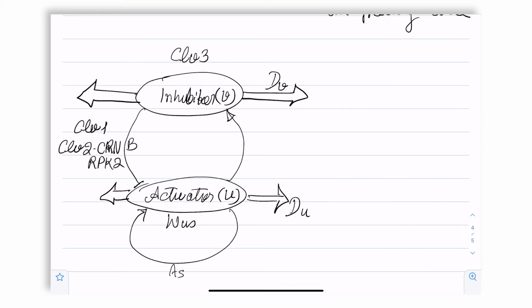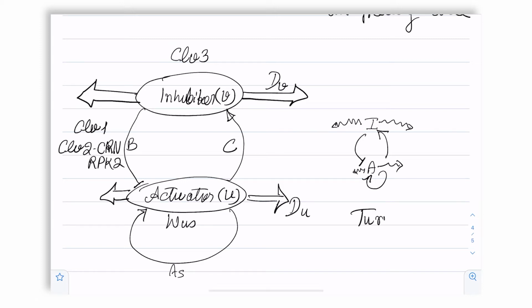In turn, the activation occurs directly by Wuschel. Like what we had described earlier, it is nothing but an inhibitor that inhibits the activator; the activator activates itself and the inhibitor, and this has a larger diffusion coefficient, this has a smaller diffusion coefficient. This is nothing but a Turing pattern forming system.